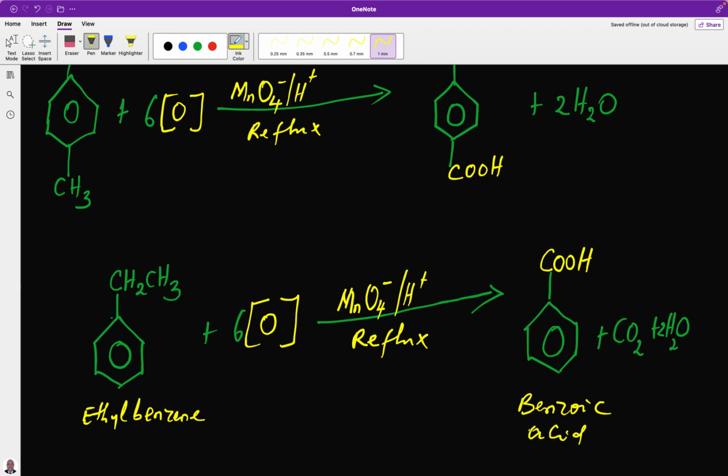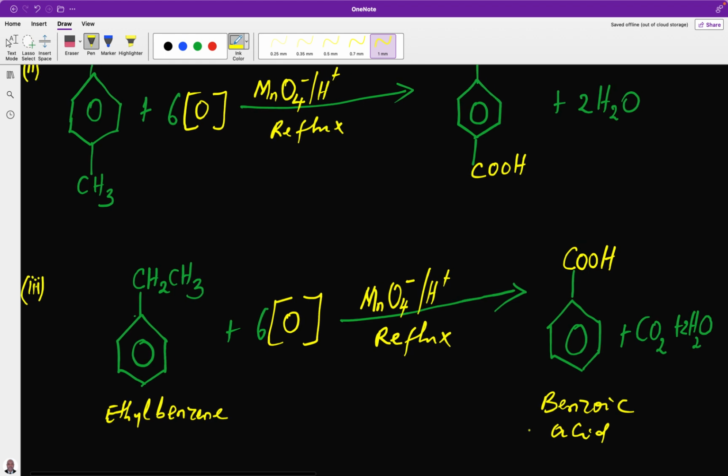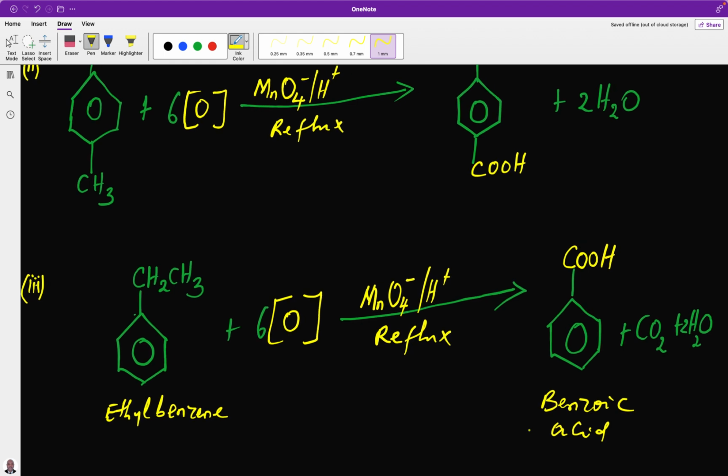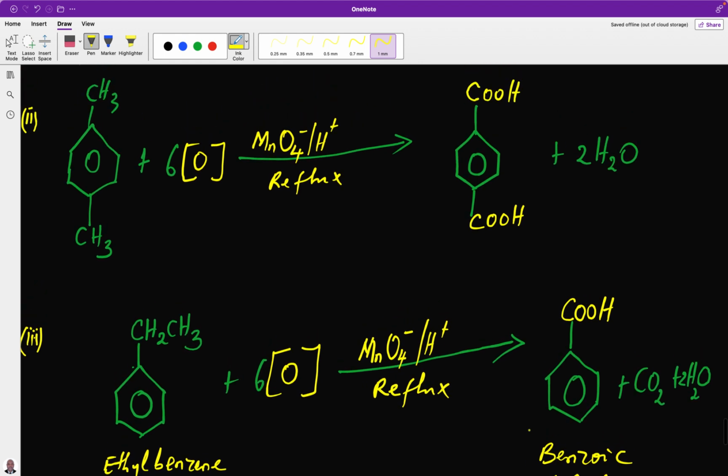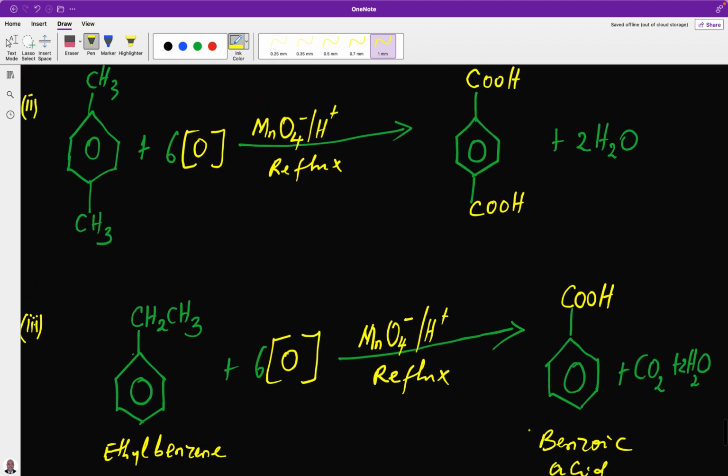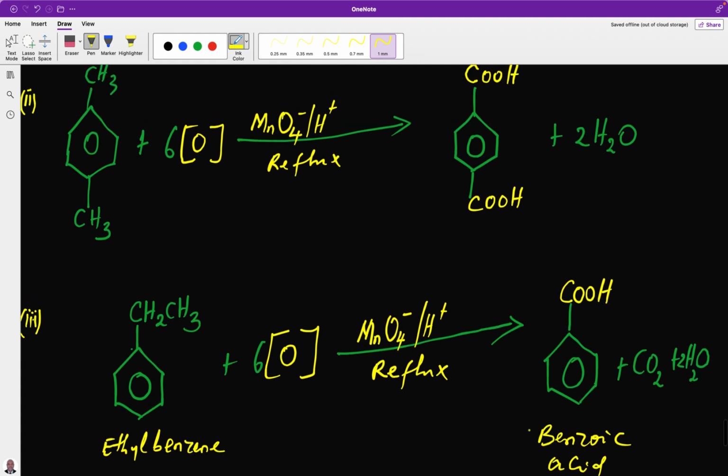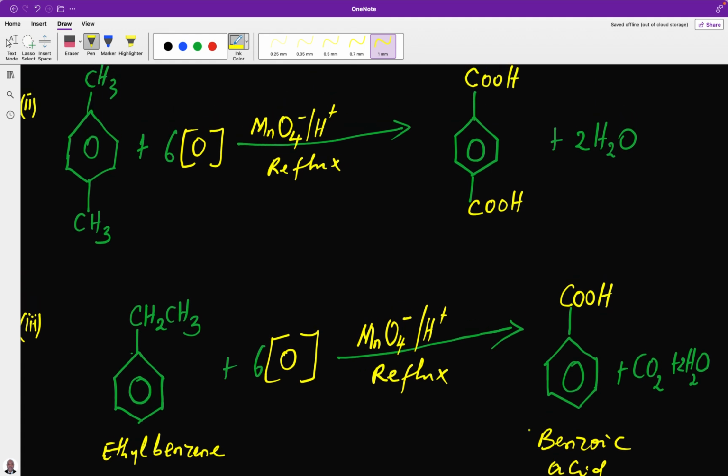So it's the same thing. You will see that we are not using methylbenzene. We are going to use another alkyl group, that is the ethyl group. So we are using ethylbenzene this time around, not methylbenzene.